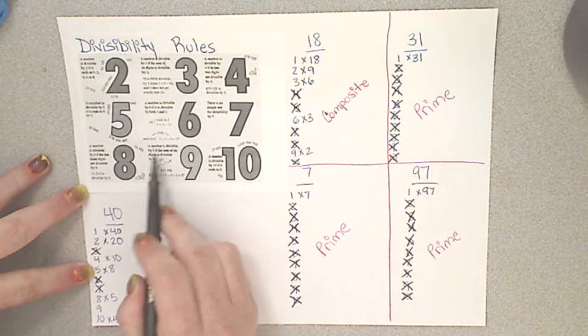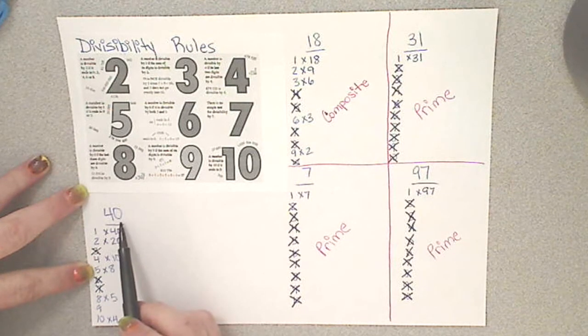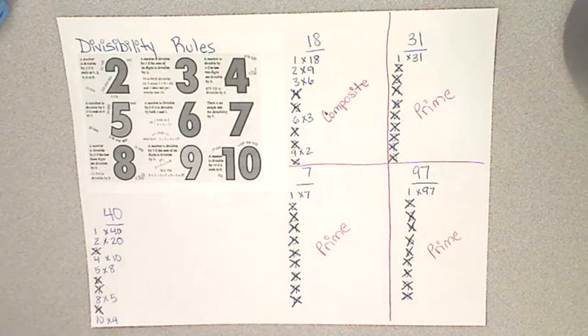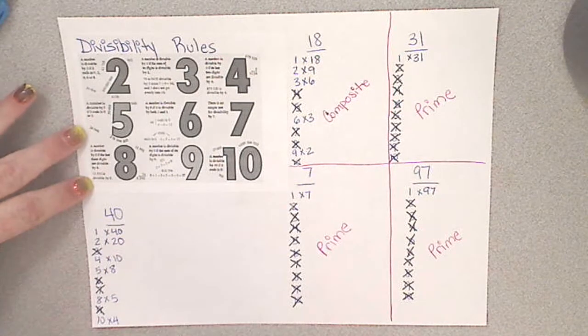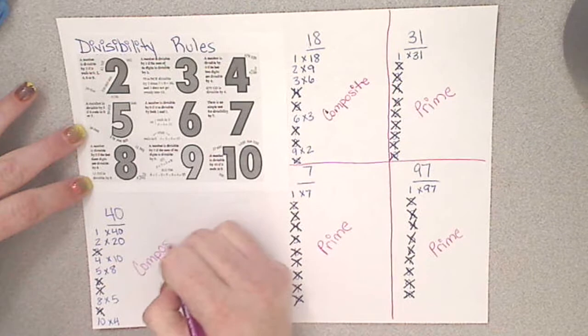A number is divisible by 9 if the sum of its digits is divisible by 9. Well, 4 plus 0 is 4, and that cannot be divided by 9. So therefore, now we have our list. We have multiple factors other than 1 and itself, so that makes 40 composite.